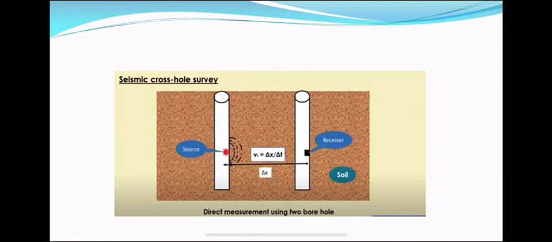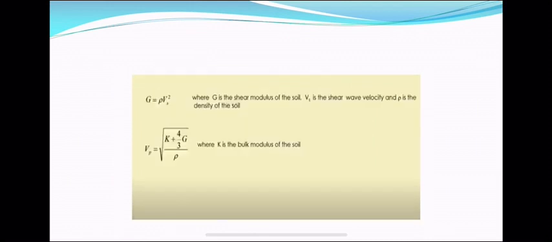Once you get the velocity, either Vp or Vs, these are the expressions, and you will get the soil properties. Here G is the shear modulus and Rho is the density of the soil. Remember that density Rho is equal to unit weight divided by g.